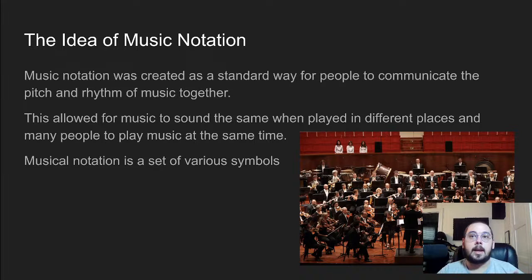But again, the main thing is that the notation is a set of different symbols that allow musicians to interpret what notes to play, how long to play them, how fast to play them, and what kind of soft, loud, hard, short, long, however the composer wants them to be played, and they can all allow for multiple people to play at the same time. So I've got a picture of this orchestra, and I'm not sure which one it is because I just Googled free orchestra, and there we go.